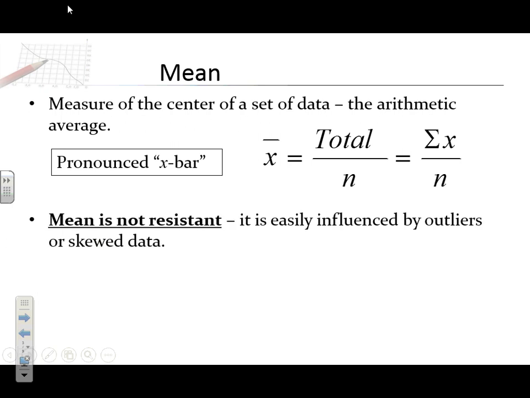Like we just kind of discussed a little bit ago, mean is not resistant. So median didn't care if you had really high or really low values, didn't care if your data was skewed. Mean does care. If we have a really high outlier, the mean is going to get pulled towards that high outlier. That one value can take our overall average and jump it up quite a bit.